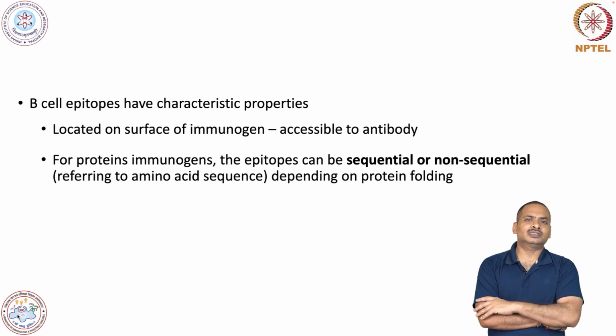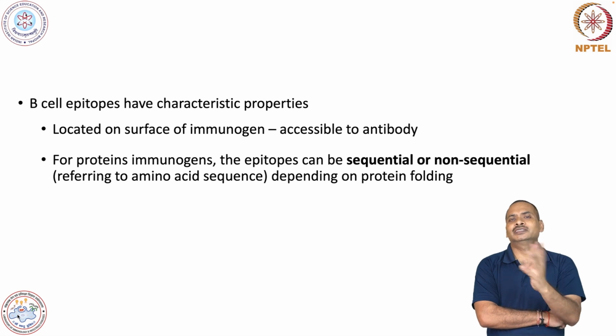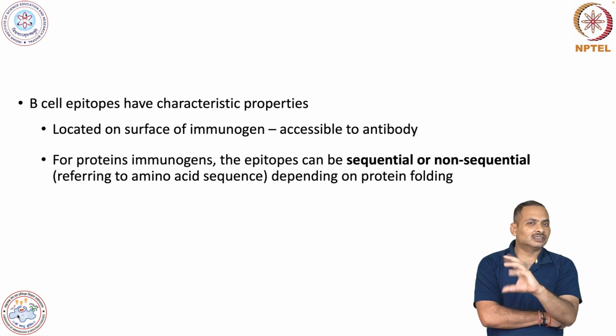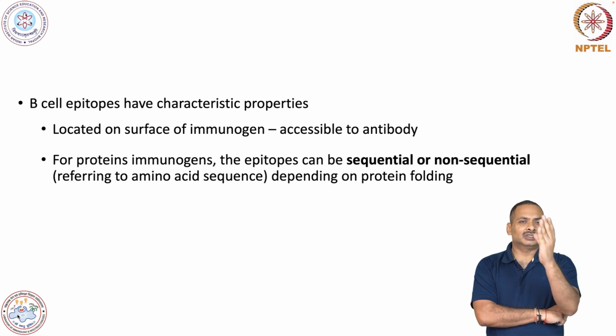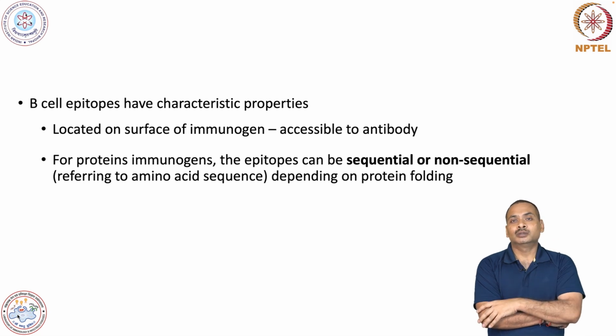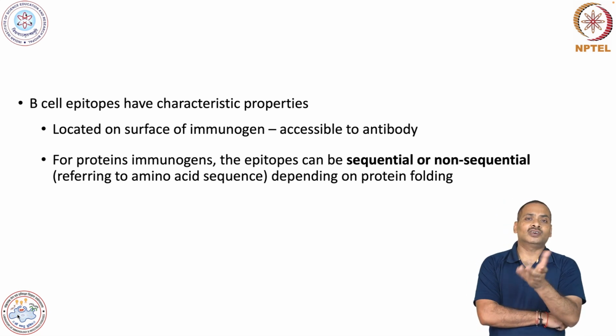Primary structure, which is a simple sequence. Okay, there will be a secondary structure. Secondary structures are structures like beta pleated sheet or alpha helices.